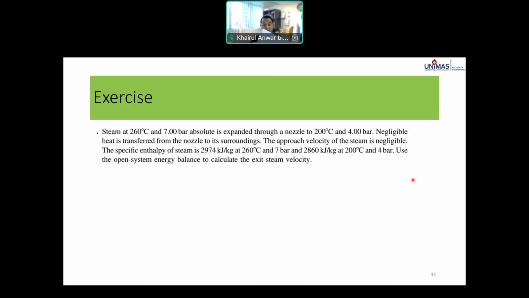From the derivation, you can identify which term has velocity. In this case, it is kinetic energy.